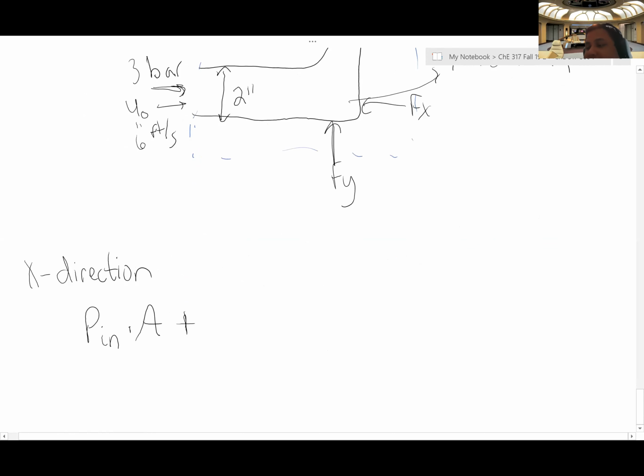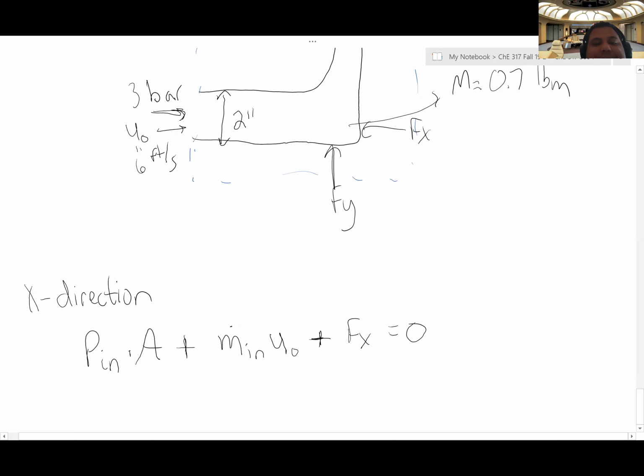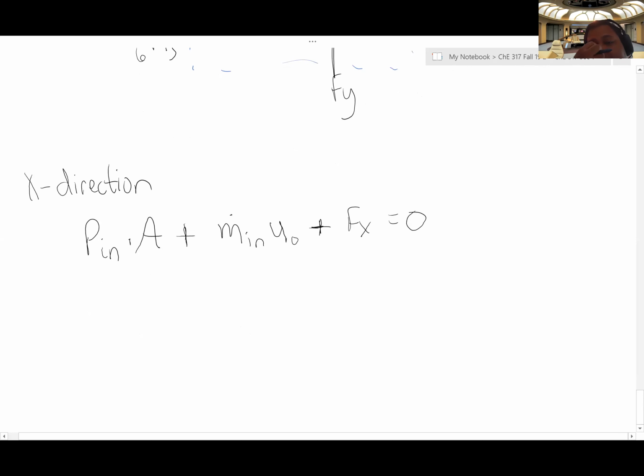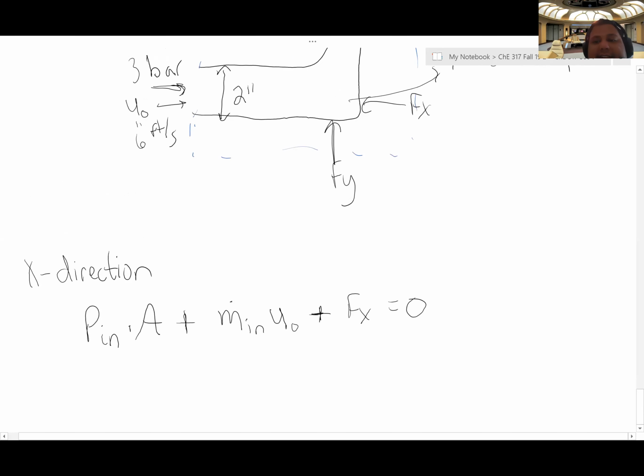We also have the mass flow rate of the fluid coming in at its velocity. And so if this elbow isn't going to move, we have to have some sort of restoring force to keep these from moving. Now the pressure is going to be exerted in the positive direction. The momentum is going to be exerted in the positive X direction. So this resulting force is most likely going to be in the negative X direction.